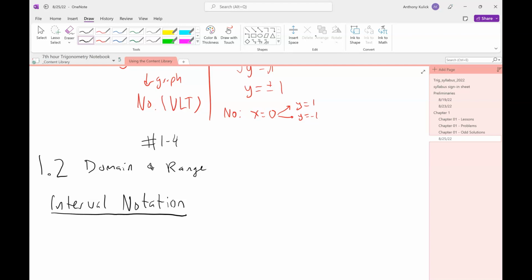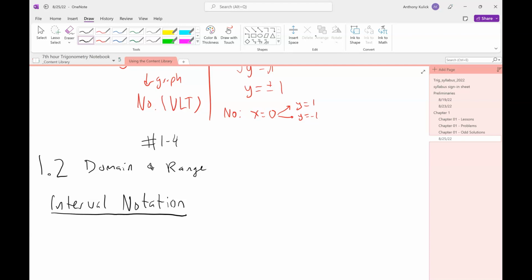That's where you would have used it. So what is an interval notation describing? What are domains and ranges? They are sets. So an interval notation describes a set.